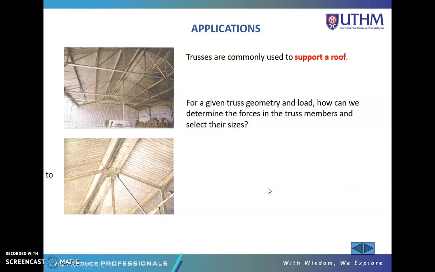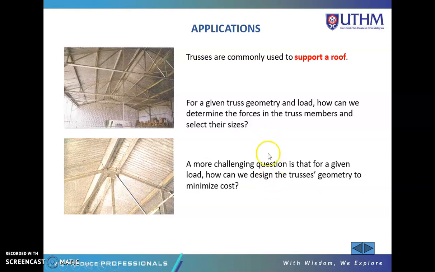So, as an application, trusses are commonly used to support a roof. Trusses memang basically kita memang guna dia dekat roof ataupun bridges. For a given truss geometry and load, how can we determine the forces in the truss members and select their size?